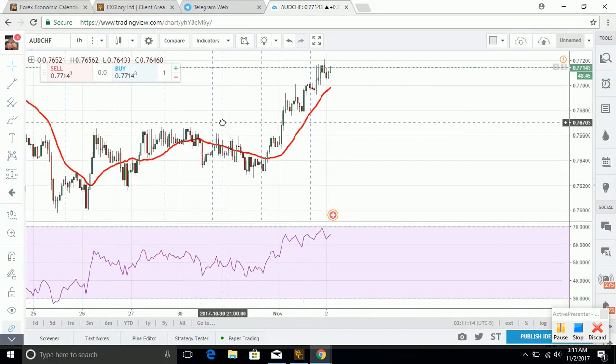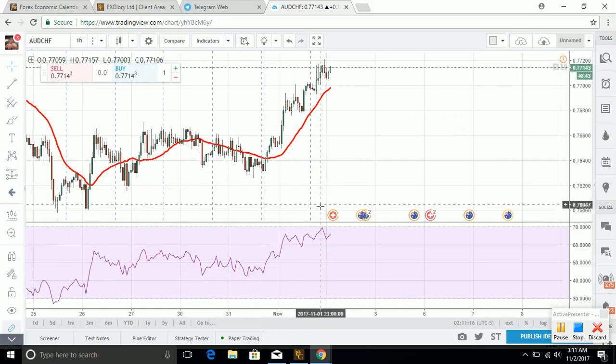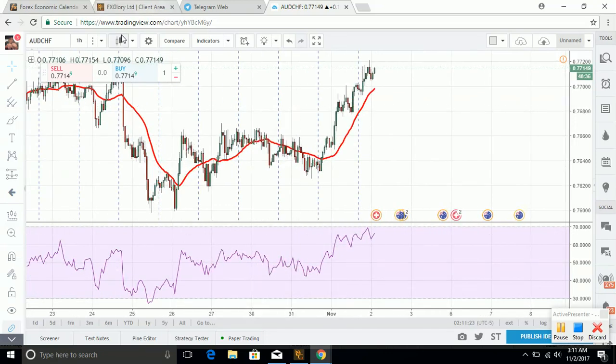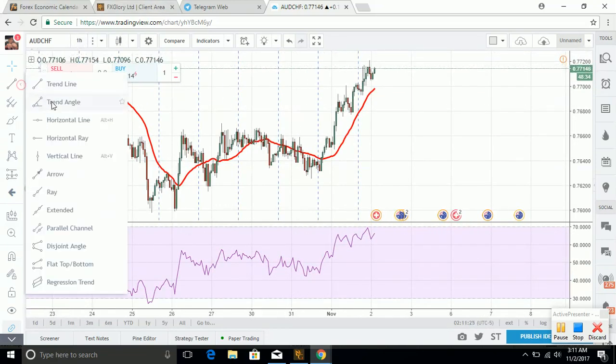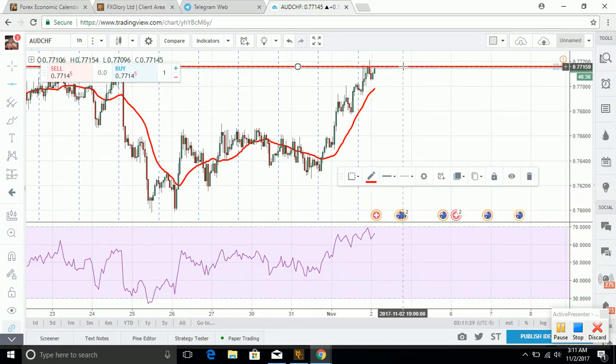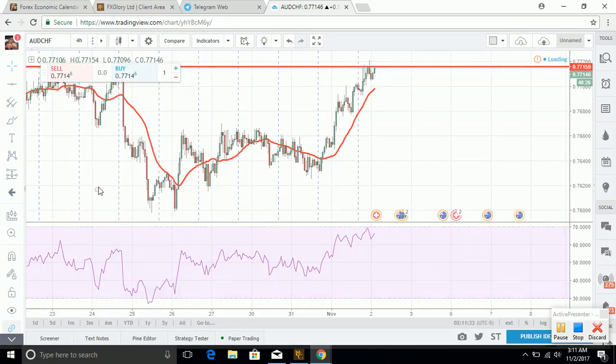Okay. So here we're looking at the hour time frame. We can really put a level of resistance there. Let's go to the 4 hour.